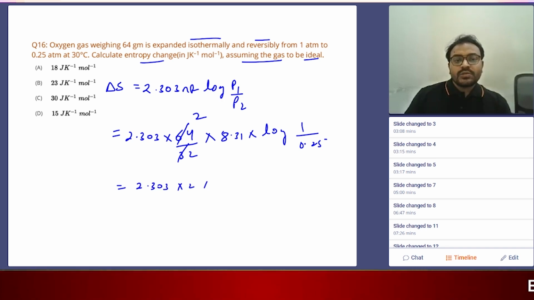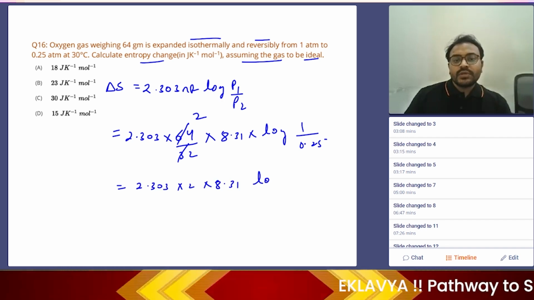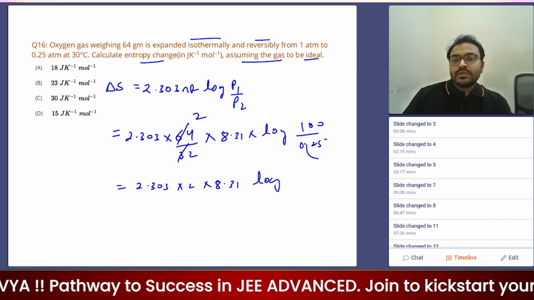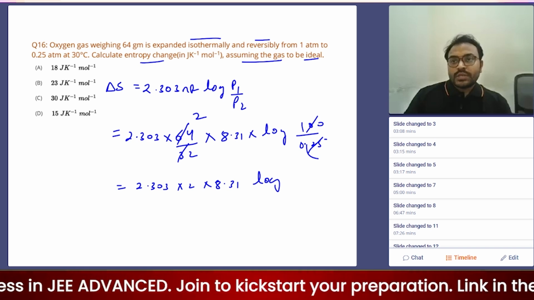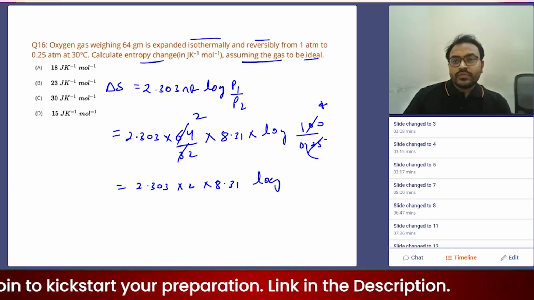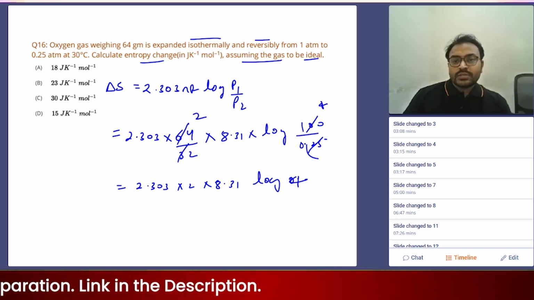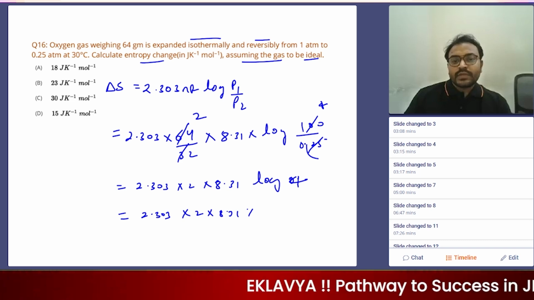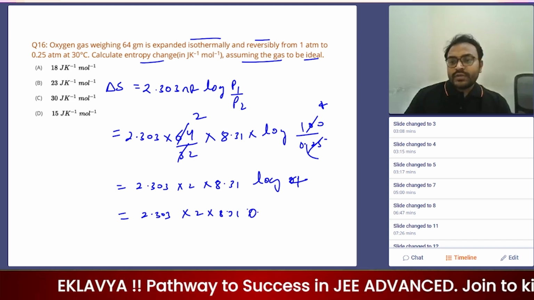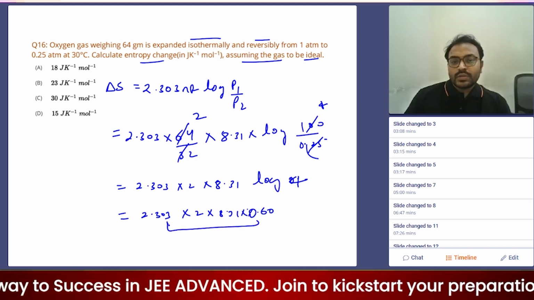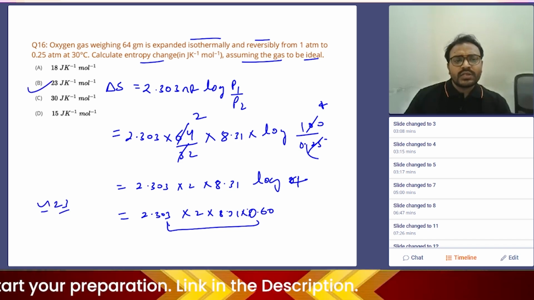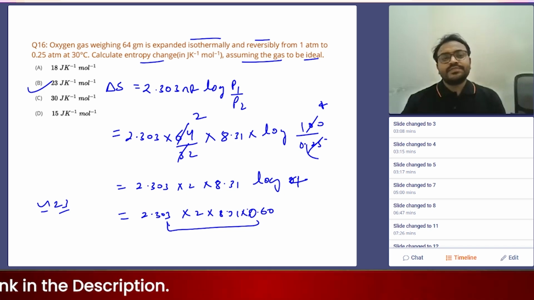So 2.303 into 2 into 8.31 into log 4, and the log 4 value is 0.60. After multiplication of all these values, the approximate answer we get is 23. So option 23 is given, and that is the correct answer.